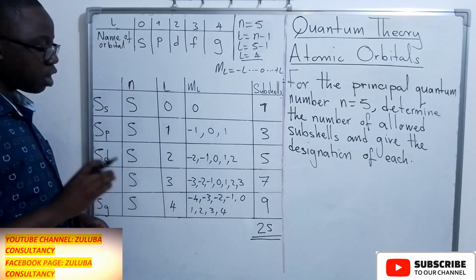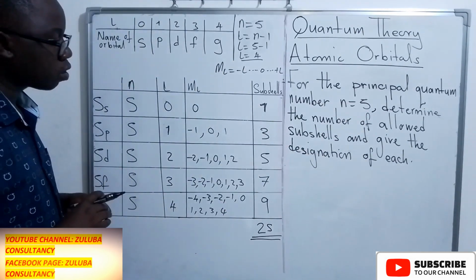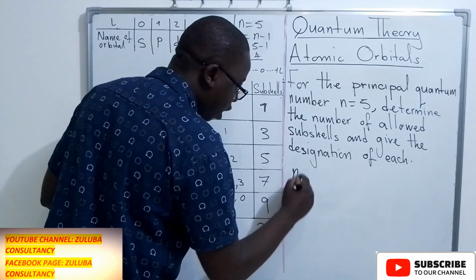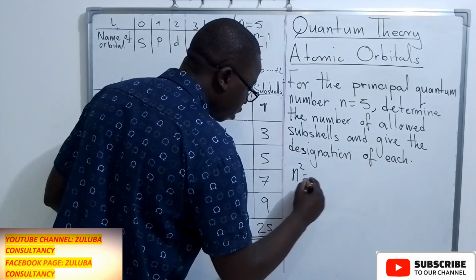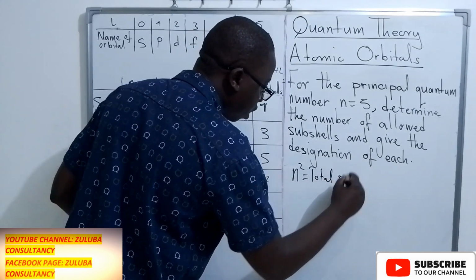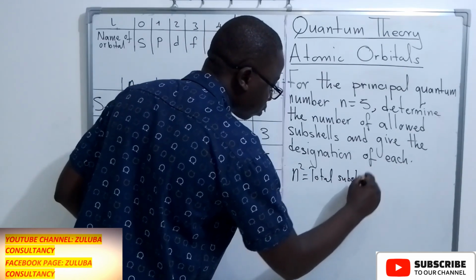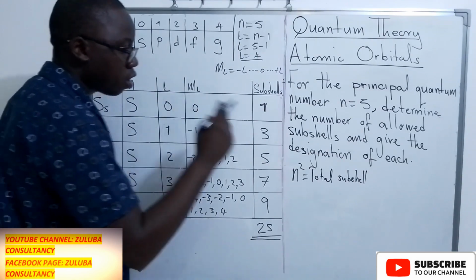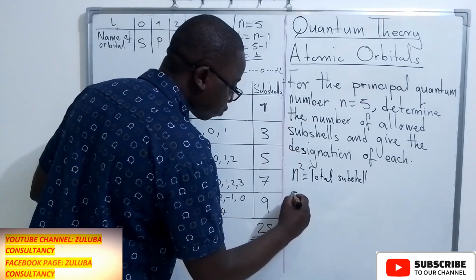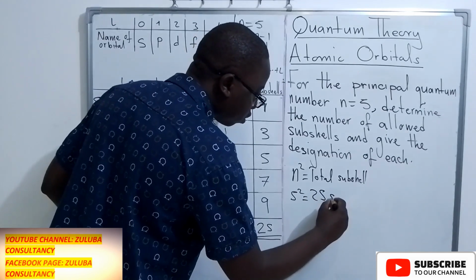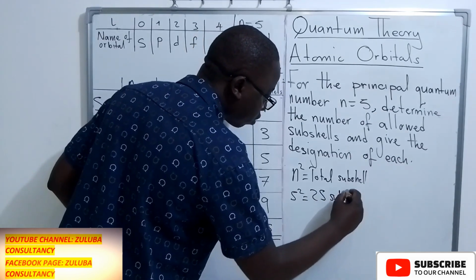Now you can check if what we have done is correct by doing this check: n squared gives you the total subshells. In this case, n is 5, so 5 squared gives us 25 subshells.